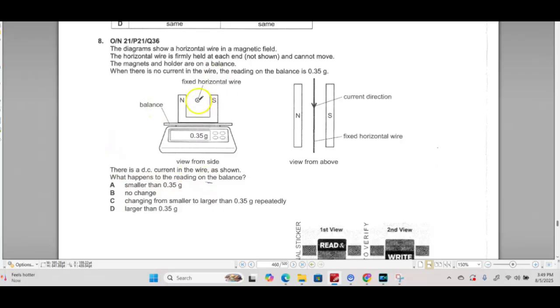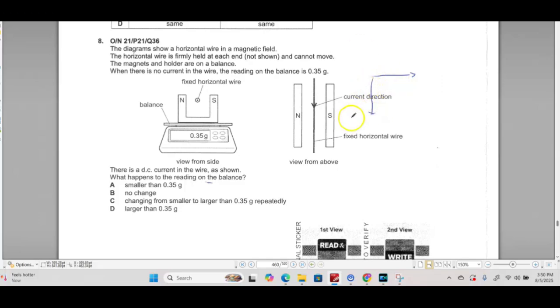Okay, now the current is moving towards us and there is a North Pole and there is a South Pole, and we have to see in which direction the force is being applied over here. So if we see that our first finger is going to point in the right direction, the current is going to point towards us.